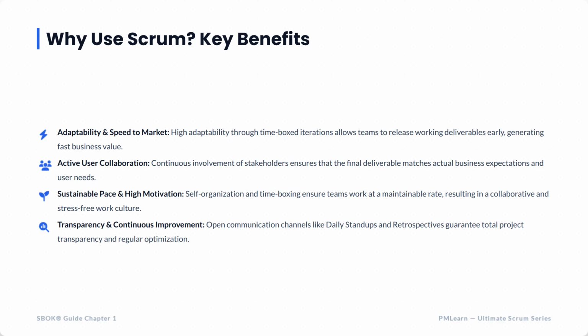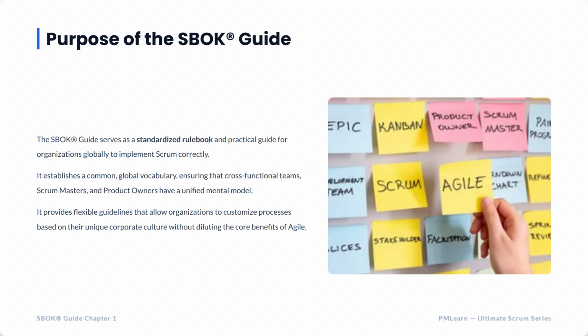Scrum protects the team by time boxing work, keeping teamwork at a maintainable high productivity rate. Finally, transparency. Daily stand-ups and open boards mean there are no hidden status reports or surprise delays. Everything is out in the open.